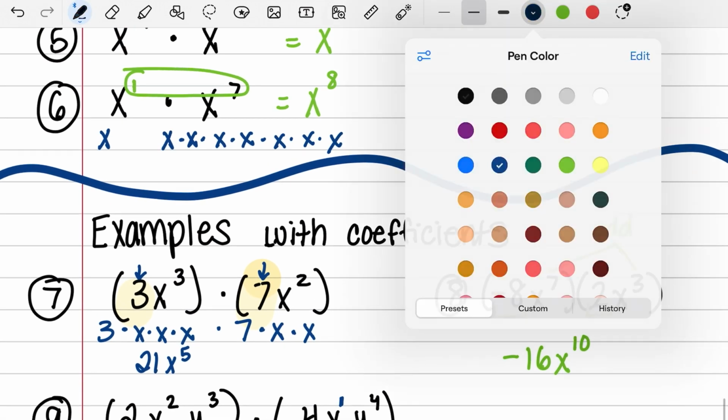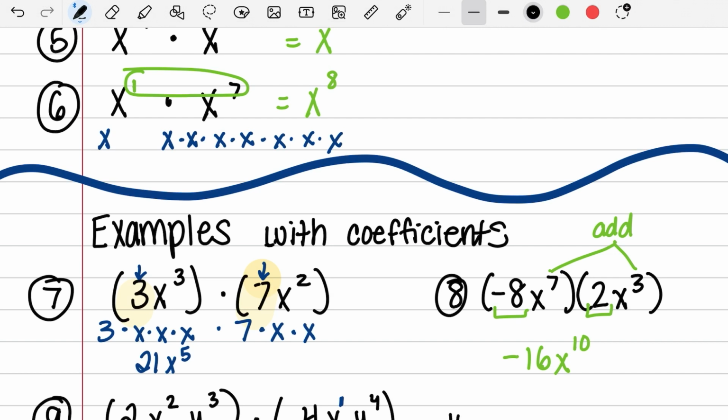You know the drill. Try this one on your own, and then we're done with the video. Okay, let's test out 3x to the power of 3 y squared times 6x to the 8 y to the 4.